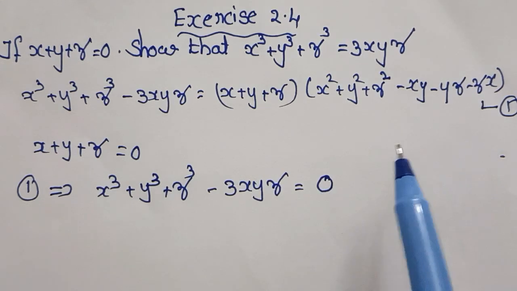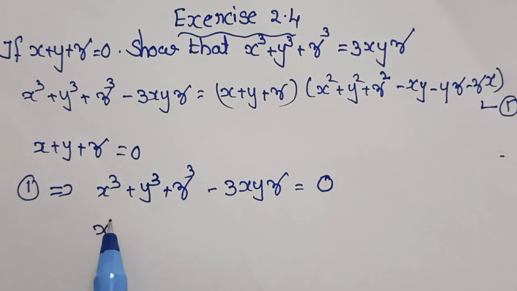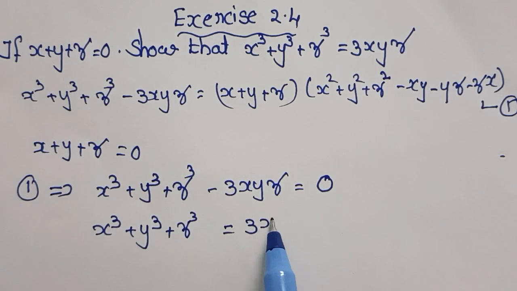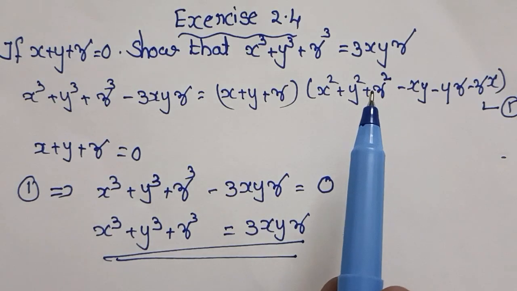So substituting in 1 we get RHS equal to 0. That is x cube plus y cube plus z cube equal to 3xyz. By taking 3xyz to RHS, you get x cube plus y cube plus z cube equal to 3xyz, that we have to prove. Okay.